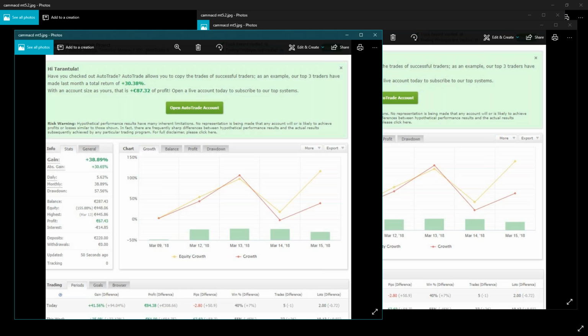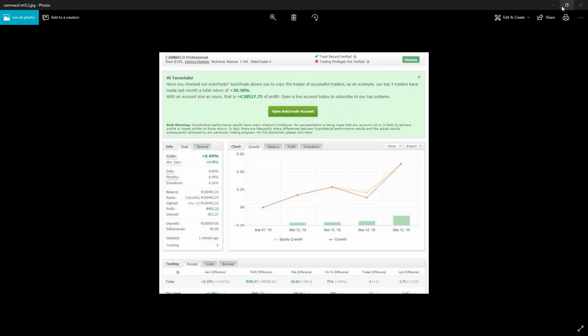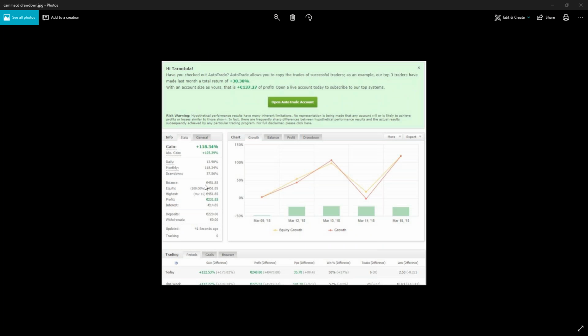Let me just find it among all these pictures, with the account where yes, this one, where I have a 118% gain, but you see it was 57.56% of a drawdown.